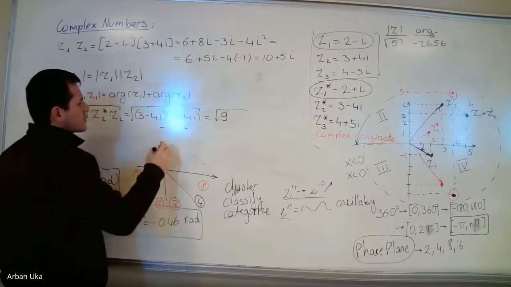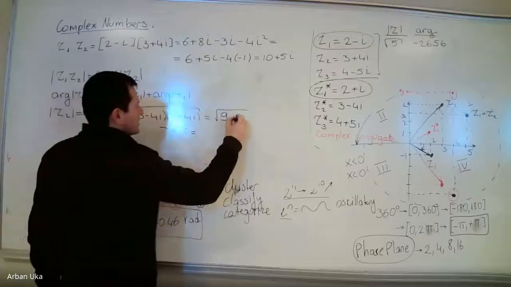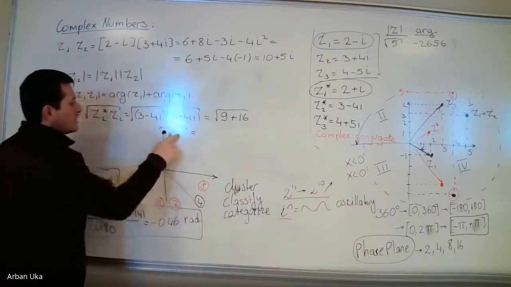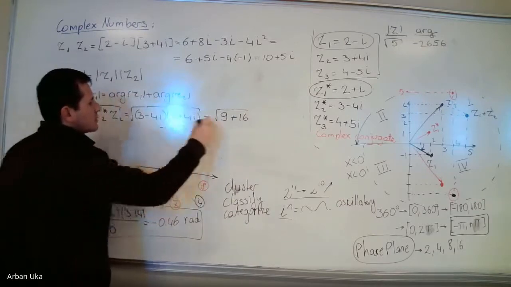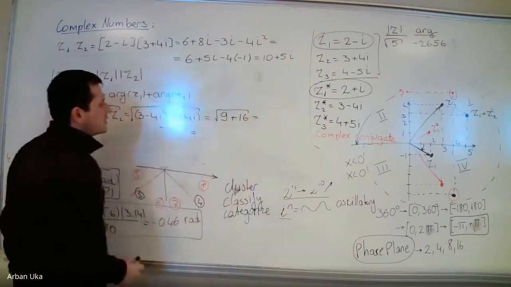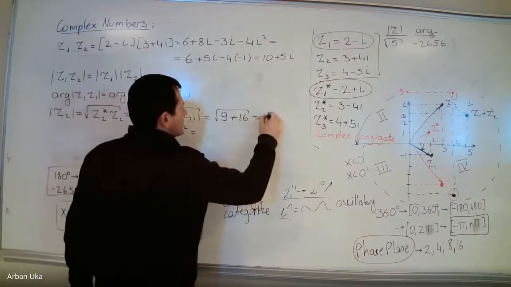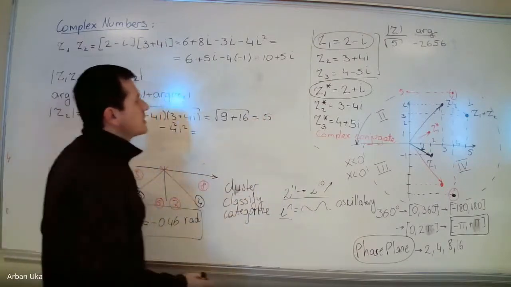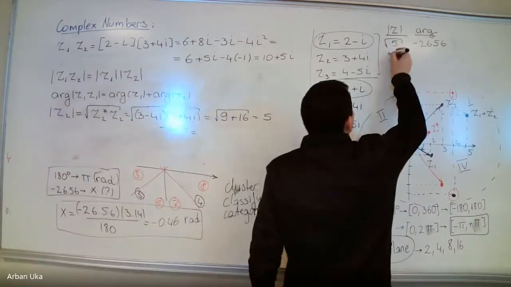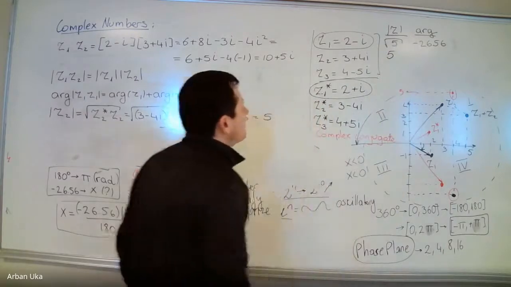What is 4 squared i squared? This is equal to plus 16, because i squared is minus 1. Then we get the square root of 25, which is equal to 5. So it looks like the magnitude of Z2 is 5.